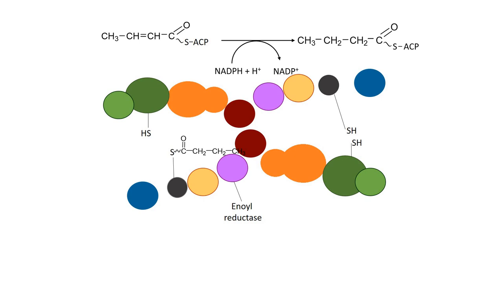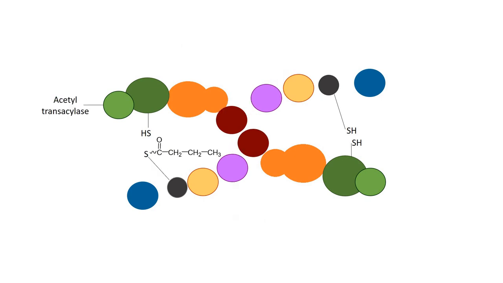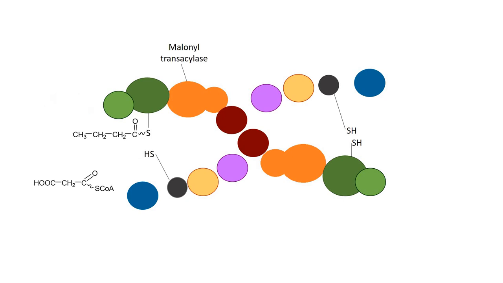This process happens under acetyl transacetylase action. Acyl carrier protein becomes free, so the next malonyl coenzyme molecule will be added under malonyl transacetylase action, and the whole process will begin from the beginning.